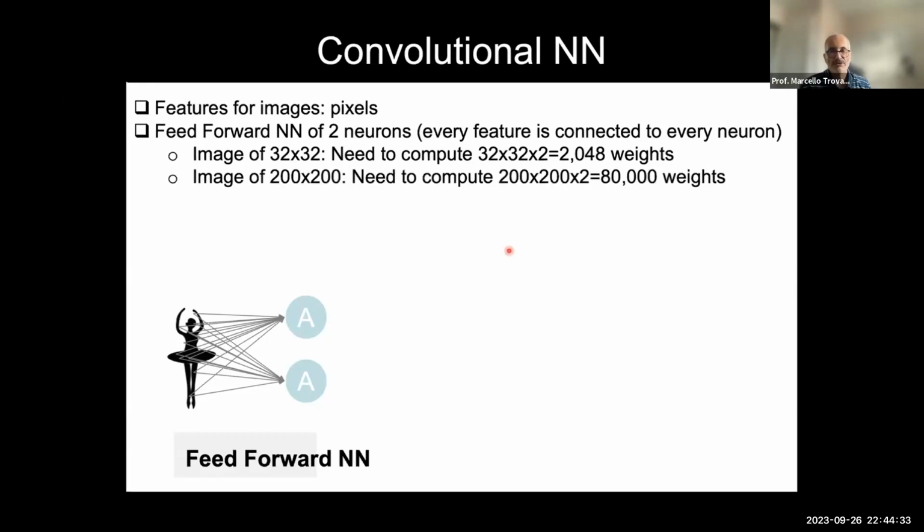But then if you consider more standard images, say 200 by 200, now we are increasing the number, we're getting to 80,000 weights. If the training is very long, if you have loads of images that we can use to train the system, then for every single image we would need to work out the 80,000 weight values.